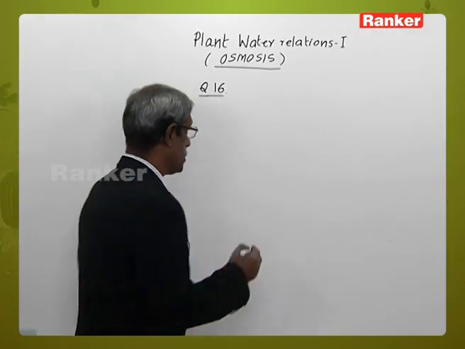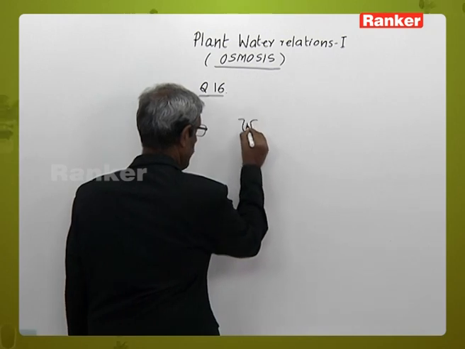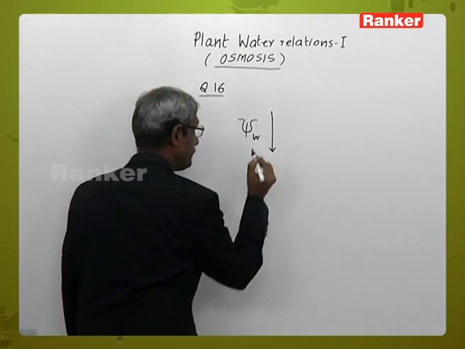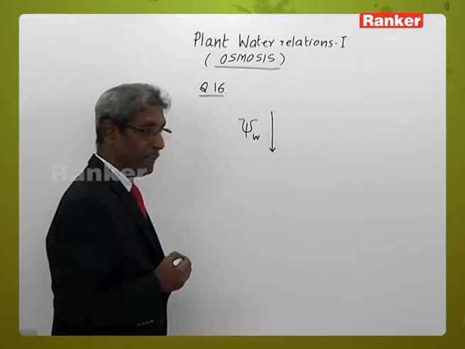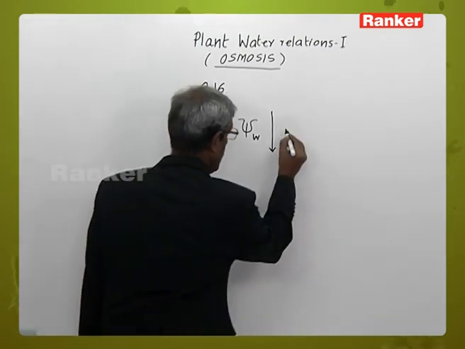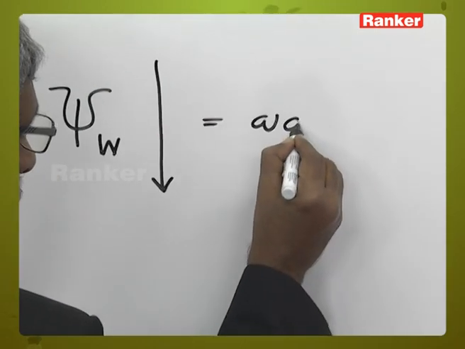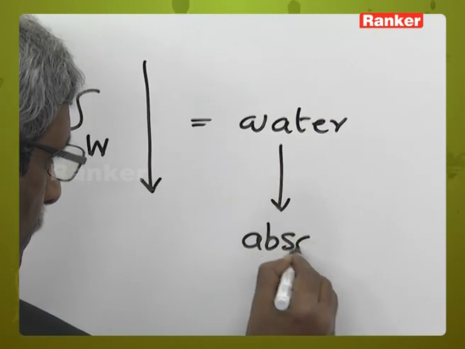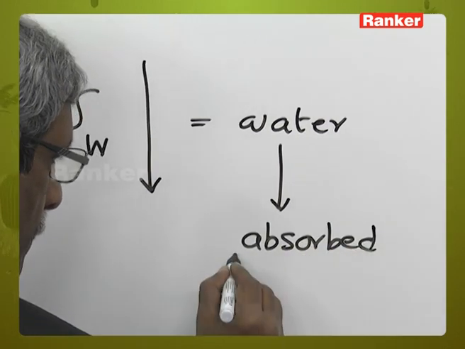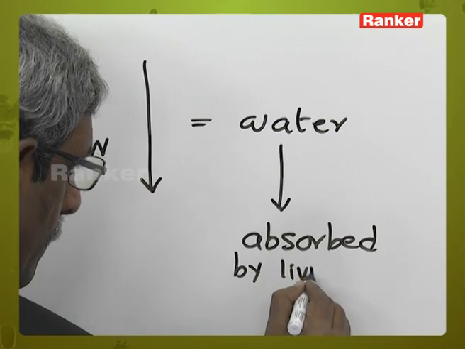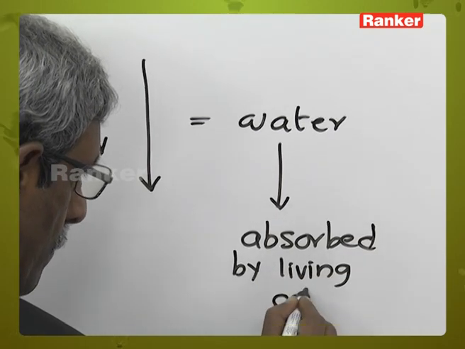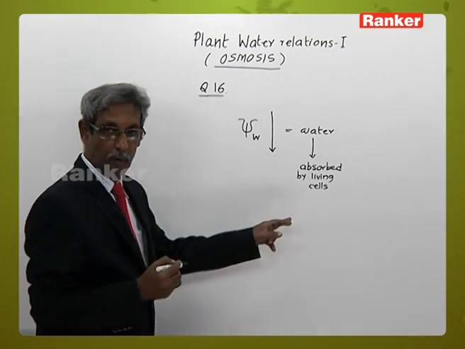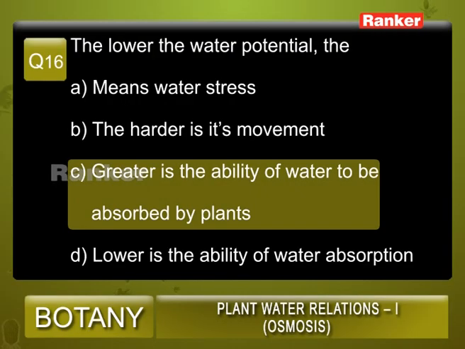The lower the water potential, it means the greater is the ability of the water to be absorbed by the living plants. Hence, here among the choices, the right answer is C.